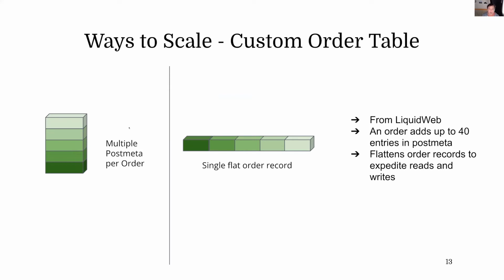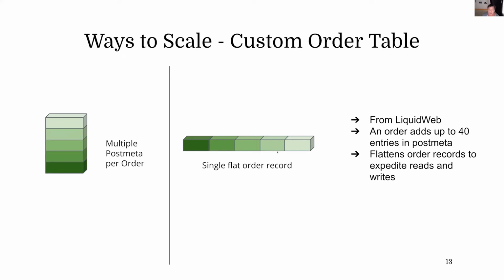There's multiple joins going on. This takes advantage of the CRUD enhancement that was made to Woo about 4 years ago. What this does is create one order table and flatten the record, right? So instead of having multiple entries in post meta, you have one record in the custom order table with all the fields that you need.